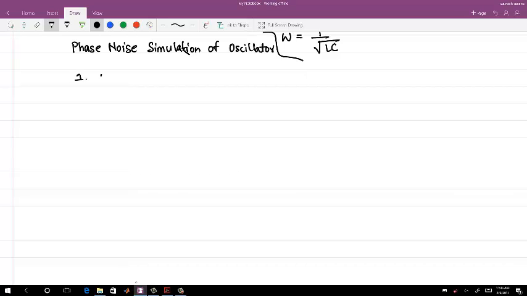The first one is you need to do a PSS analysis in your Spectre, whichever simulator you are using. This is periodic steady state analysis. Okay.